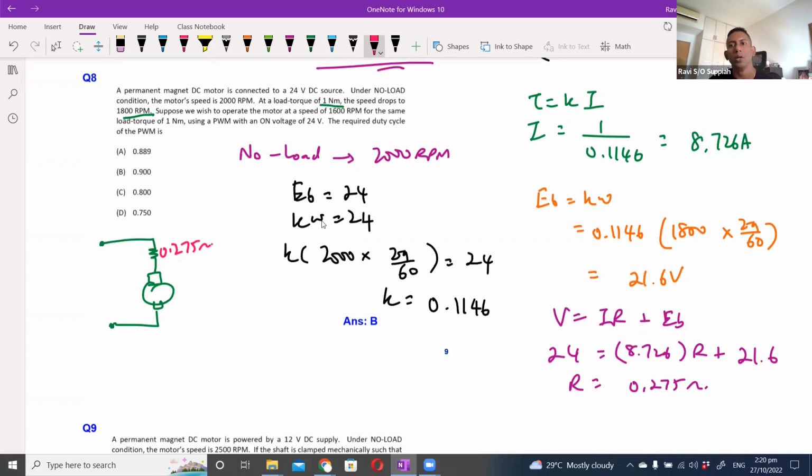Load torque is equivalent to Ki. If the torque is the same and K is constant, it means that the current is the same. There is no change in the current. I'm still having the same 8.726 ampere flowing through.